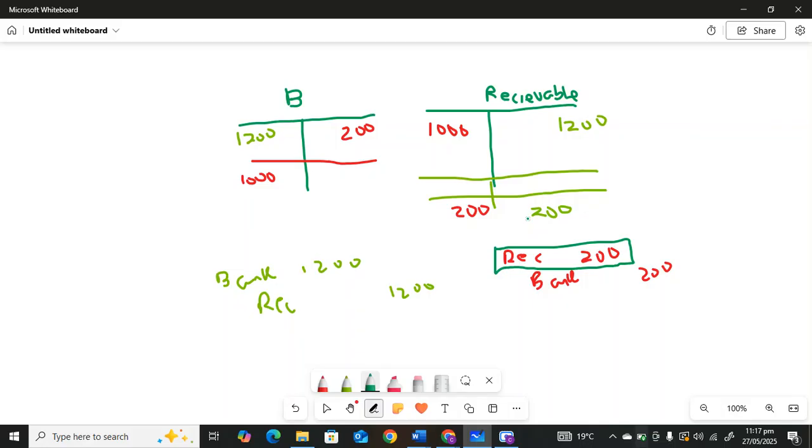Okay, yeah, your question is very valid. Yes. Okay, so since they overpaid and were owing them, they became a payable at that point. But since you're just reversing the transaction, you just still treat them as a receivable.